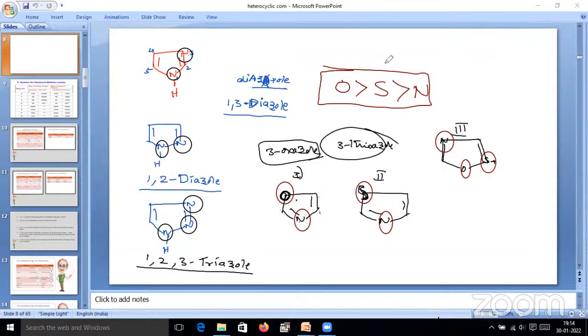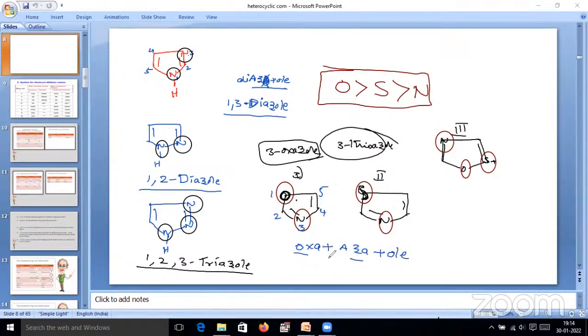Okay, so I can mention like this. This is the first priority, 1, 2. Nitrogen gets third position, then fourth, fifth. So first you can write oxa, next aza. These are the heteroatoms, plus ole.